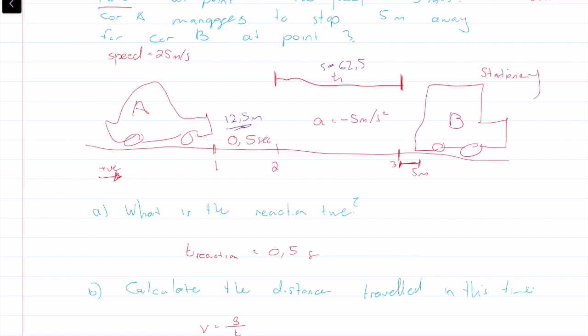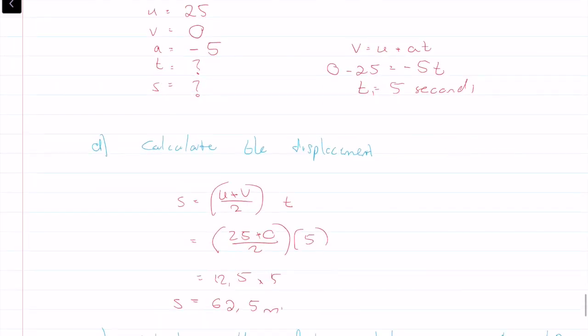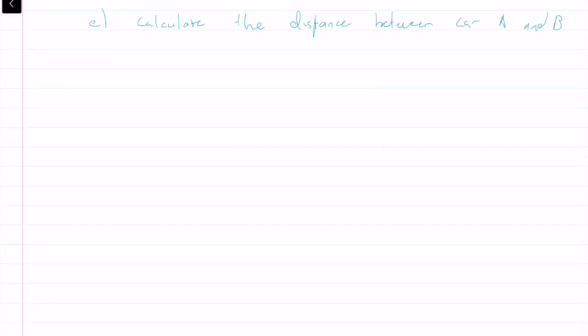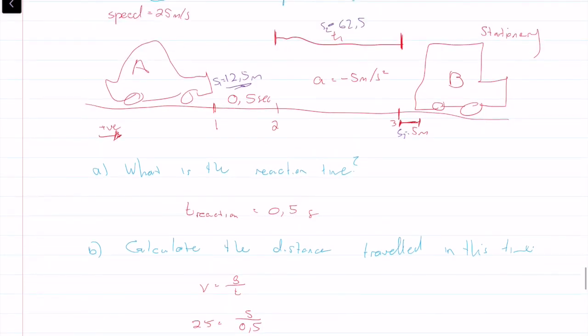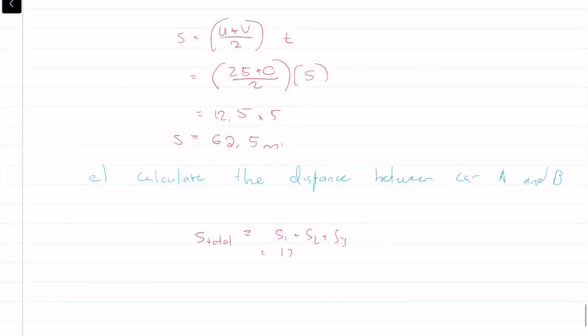So we can say S1 equals 12.5, S2 equals 62.5, and S3 is equal to 5 meters. And S total is made up of those three. So S total is equal to S1 plus S2 plus S3, which is 12.5 plus 62.5 plus 5.